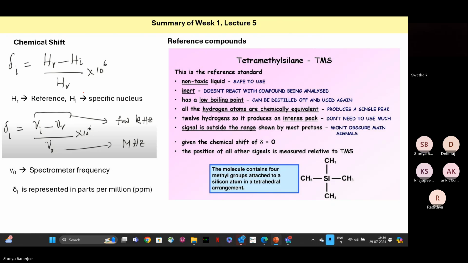Here, there is another concept called chemical shift. Magnetic fields or frequencies are things that can vary.